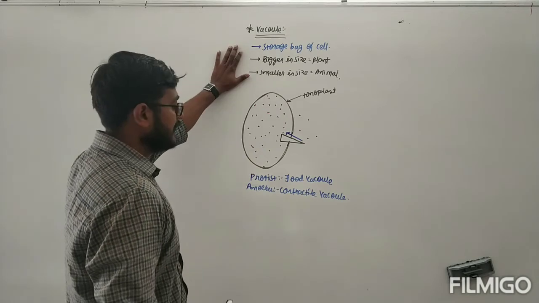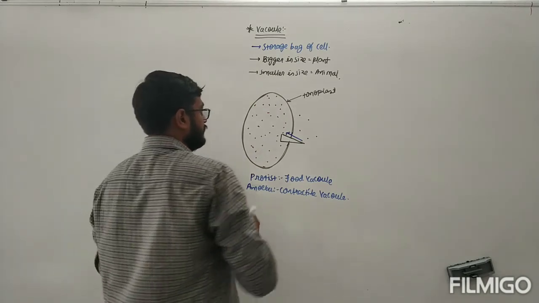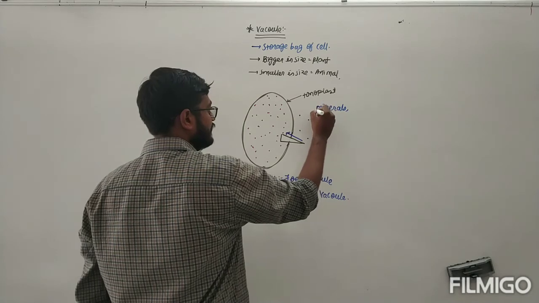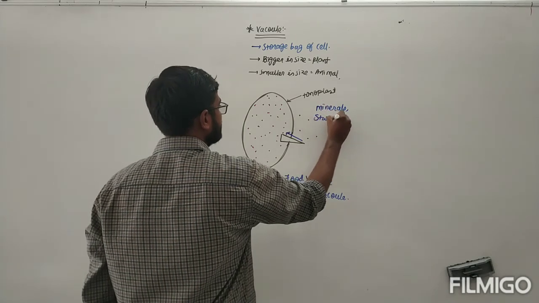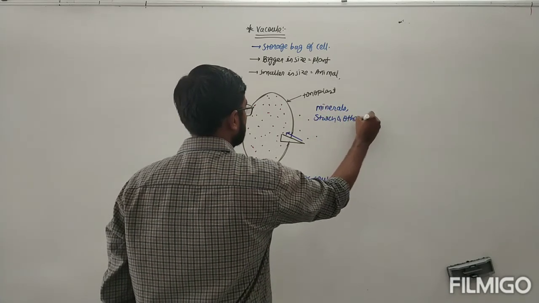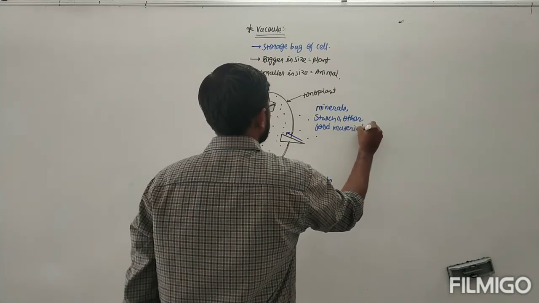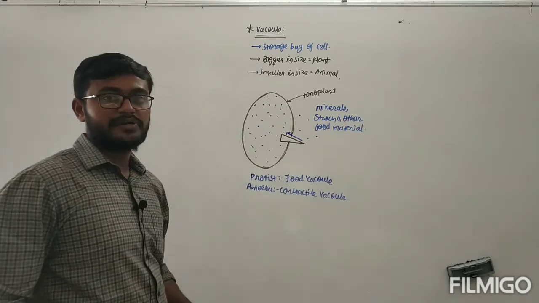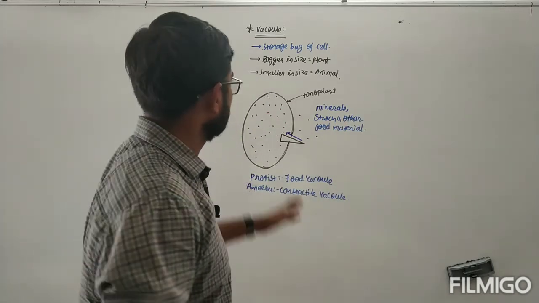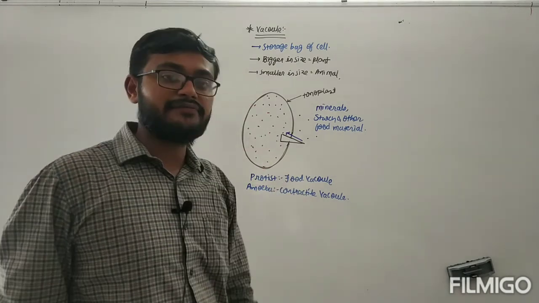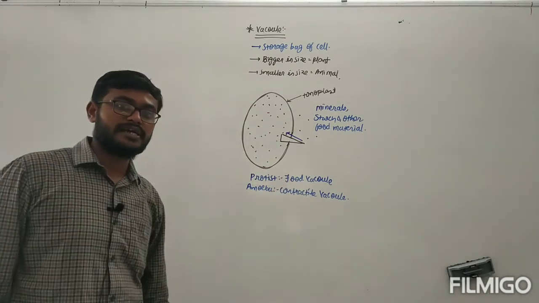In plants, vacuoles are meant for the storage of minerals, starch and other food material. Fine, so this was a small concept that you have studied in the case of the vacuole. Just look at it, then we are going to move on.